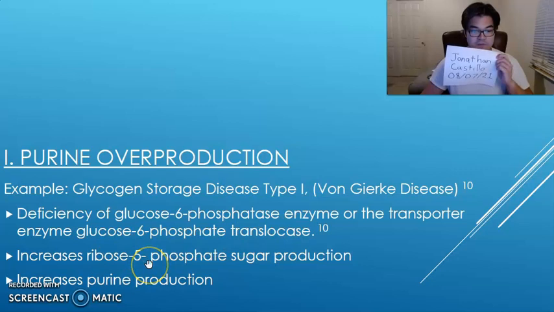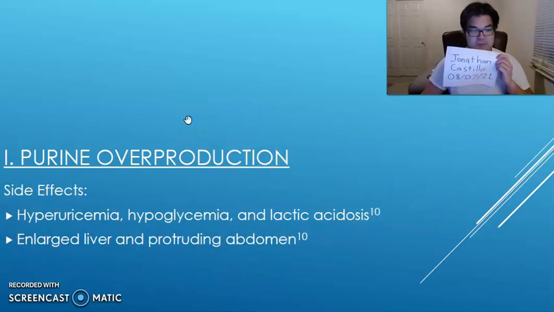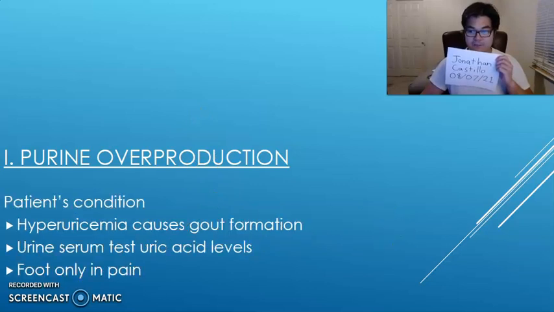Ribose 5-phosphate sugar builds up that would eventually be used to overproduce purines, uric acid, and ultimately gout. Common side effects of a condition involving overproduction of purines would include hypoglycemia, lactic acidosis, and hyperuricemia. In some cases, there is even the presence of an enlarged liver, along with a protruding abdomen.